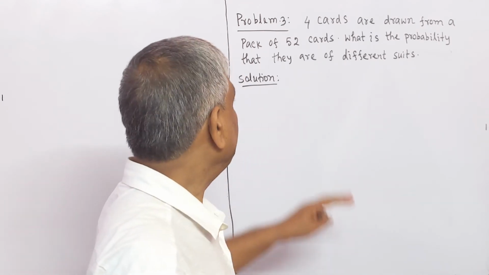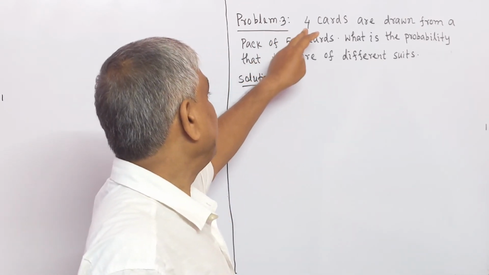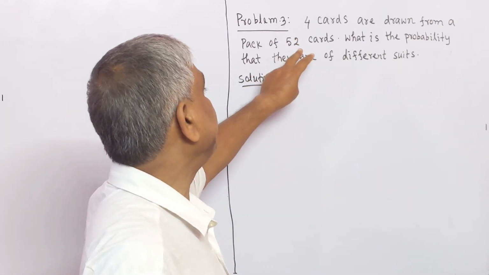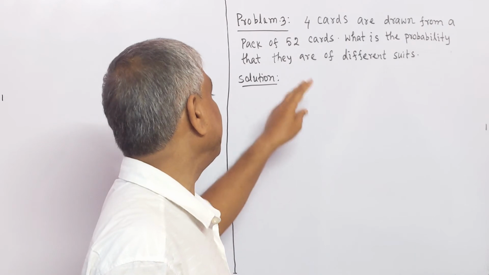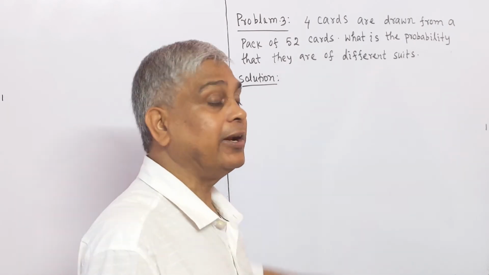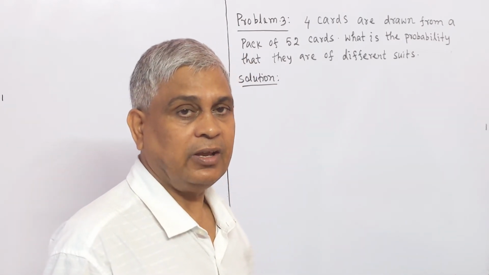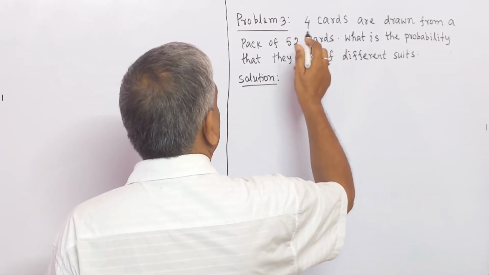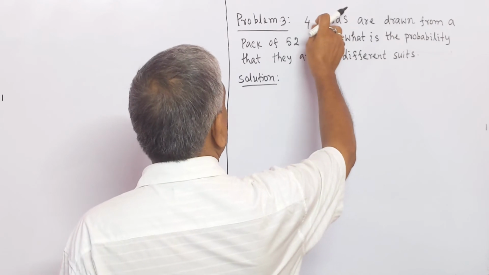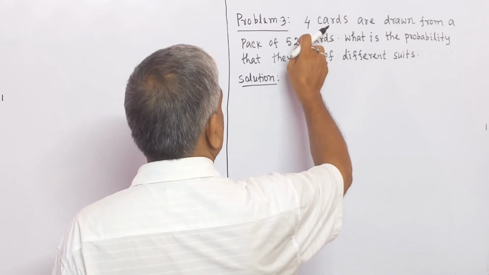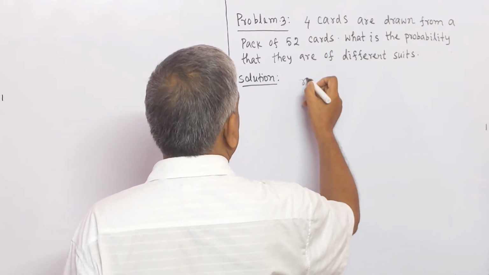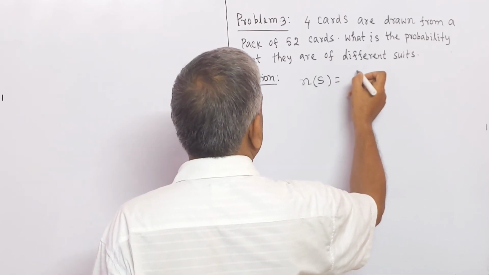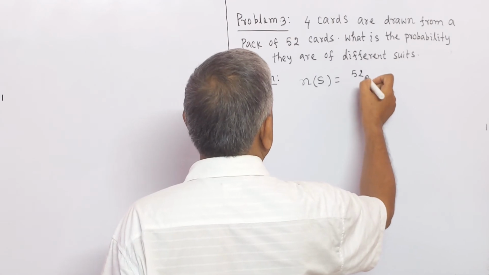Now we solve problem number 3. Problem number 3 is: 4 cards are drawn from a pack of 52 cards. What is the probability that they are of different suits? Now we solve this. Since we have to draw 4 cards out of 52 cards, number of elements in sample space will be 52C4.